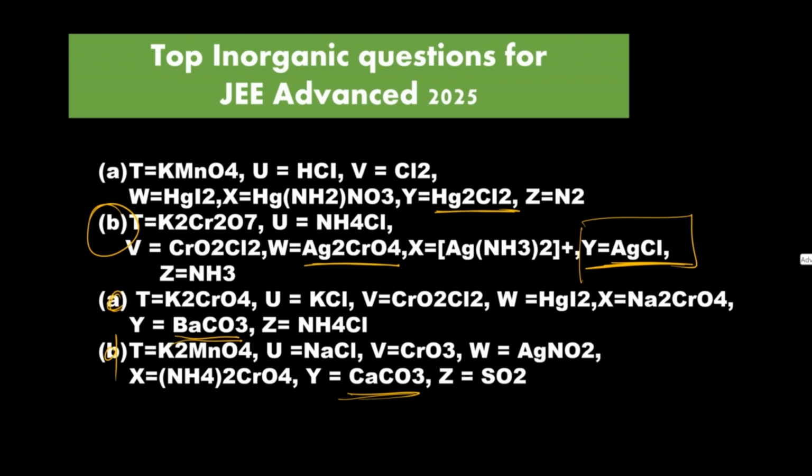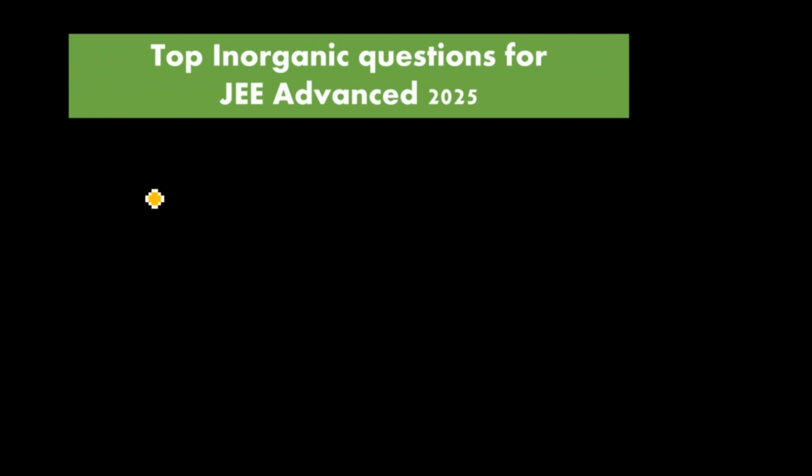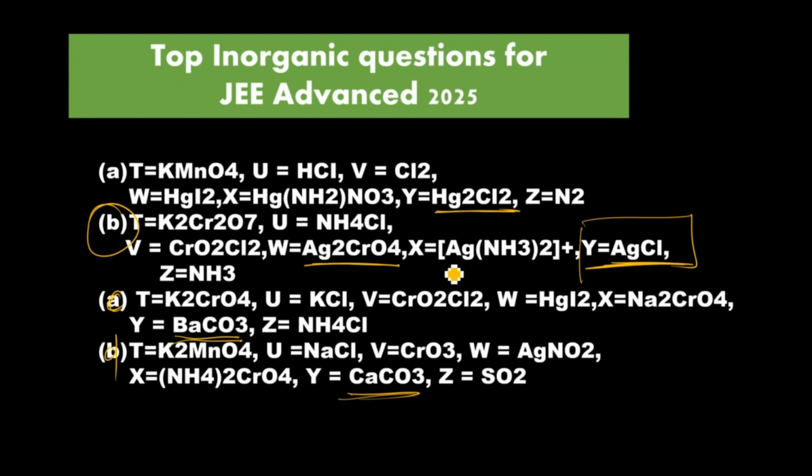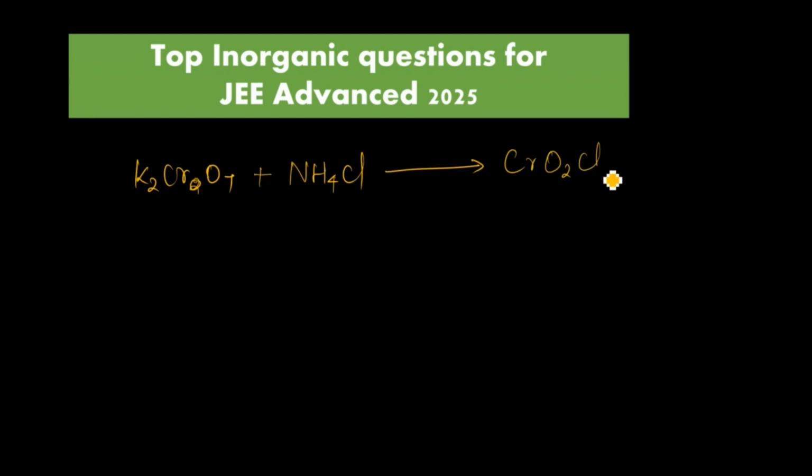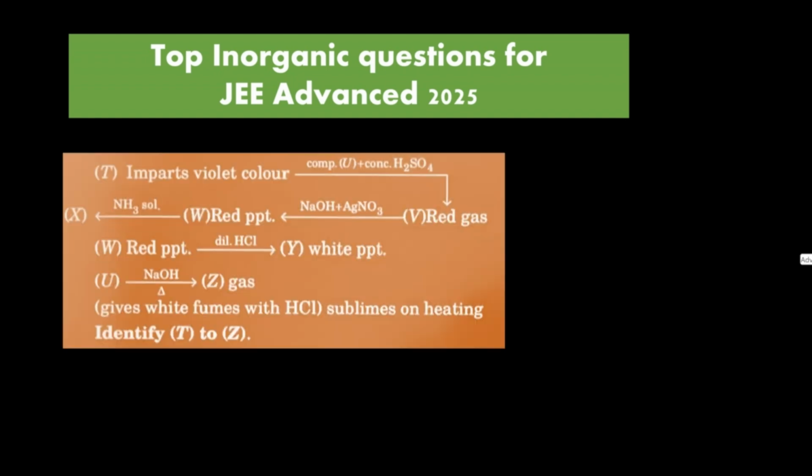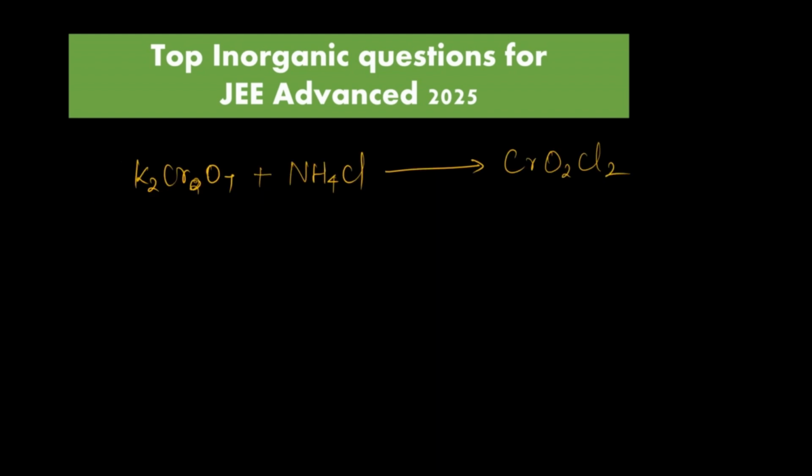Let's check with the reactions as well. So we took T as potassium dichromate. Potassium dichromate with U, that is ammonium chloride, forms chromyl chloride. Then that with sodium hydroxide and AgNO3 forms a red precipitate, that is Ag2CrO4.